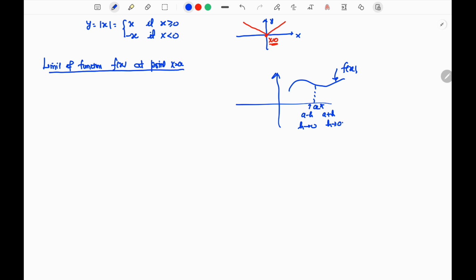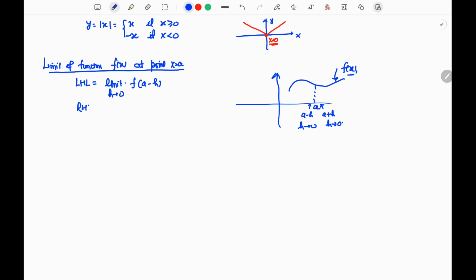So we define the left hand limit as limit h tends to 0, f(a minus h). This is called the left hand limit. That means the value of the function f(x) at a point just before the point a from the left hand side.